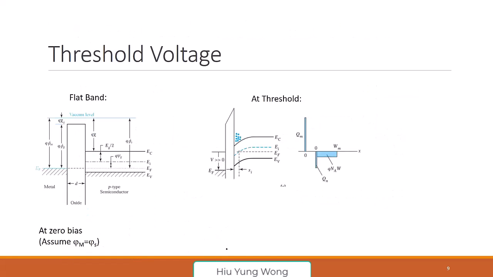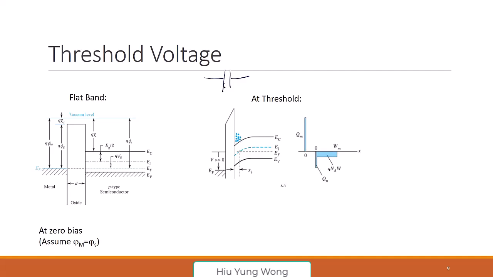Now let's look at the threshold voltage. How do we calculate the threshold voltage? What does it mean? We can have a lot of different equations, but let's try to understand what a MOSFET is. It's nothing but just a capacitor. At threshold voltage, we bend the band by this, so this is just a capacitor at threshold voltage.